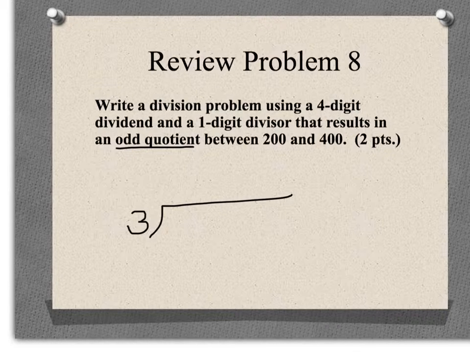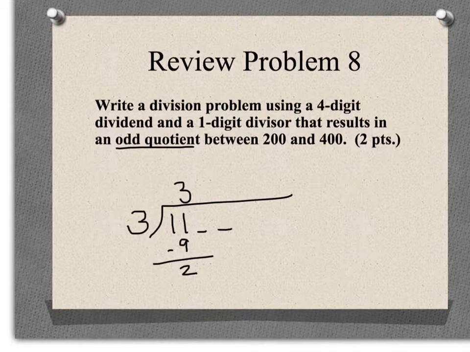So I'm going to think 3 goes into 2. It would have to be 6 or less. So let's see, if I did 1,100, and then I need two more numbers, 3 would go into 11 3 times. 3 times 3, that would be 9.